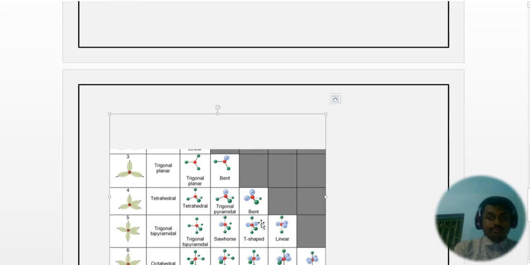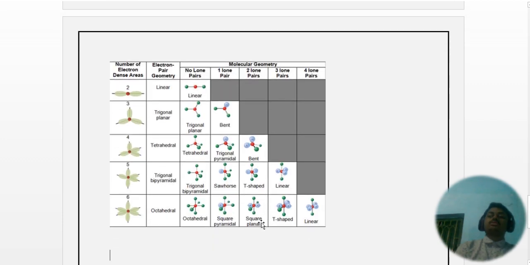So you must have wondered how we derive shapes from just lone pairs and bond pairs. There is a chart that you can see right now on the screen: if the number of lone pairs is 0 and there are only two side atoms attached to the central atom, then the shape we get is linear.